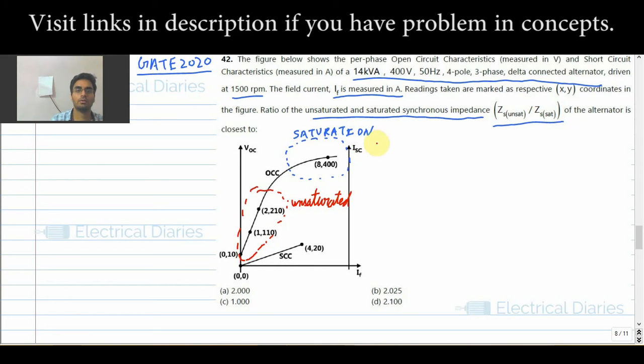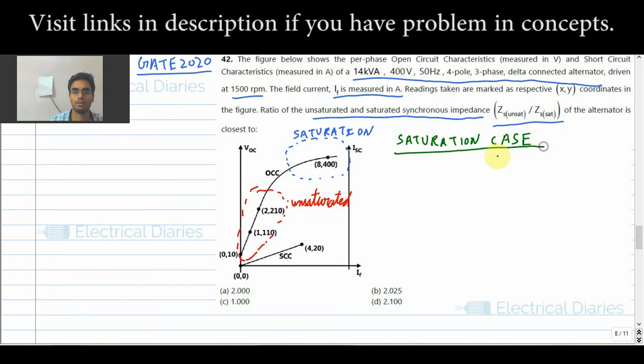Okay, so now the beautiful thing is, let us first take the saturation case.